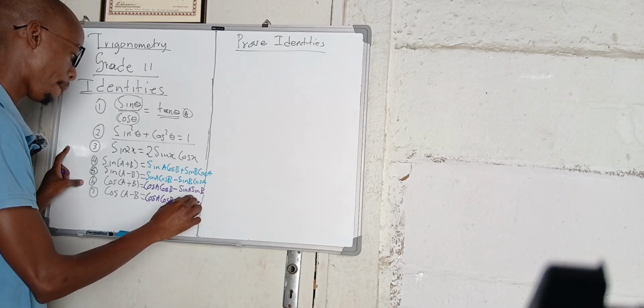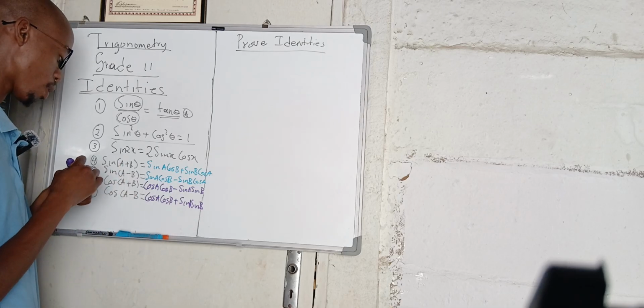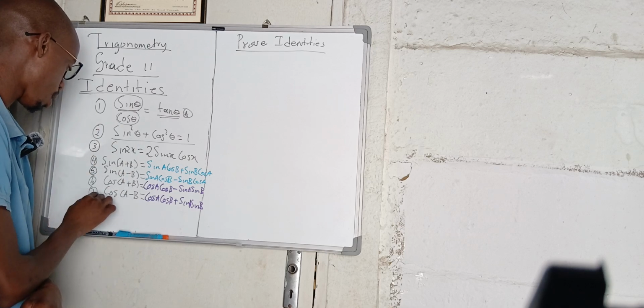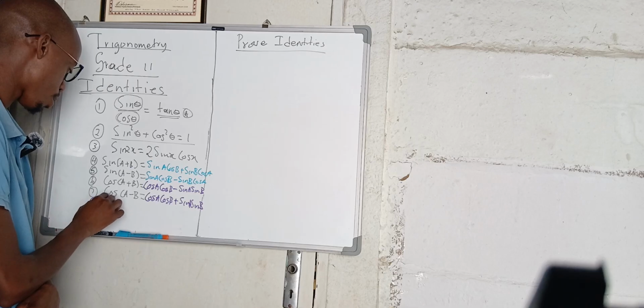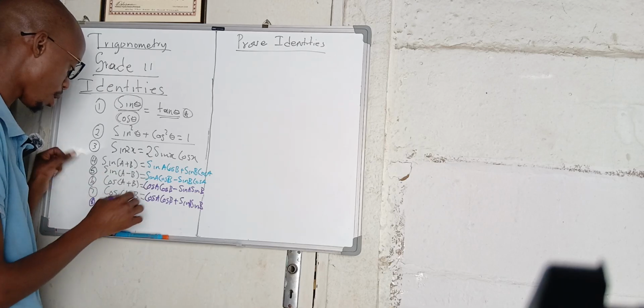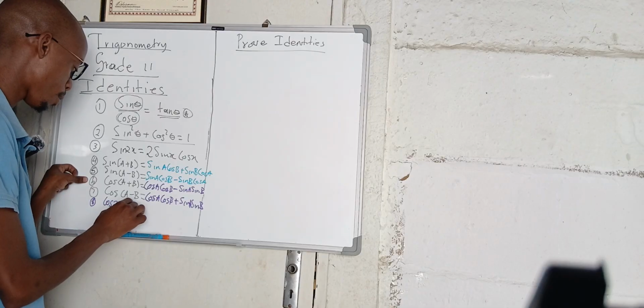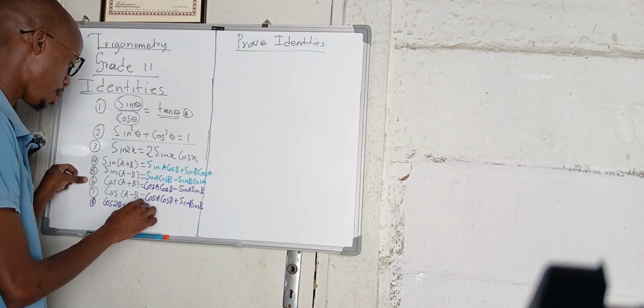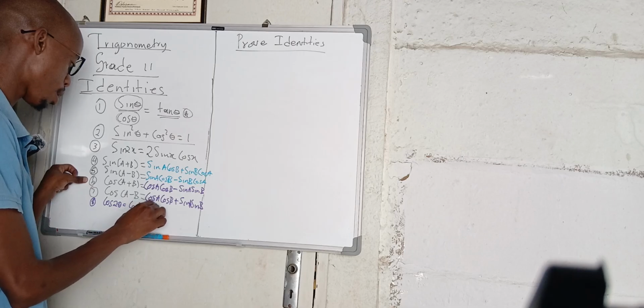We are not ending here, so we also have something like 8: cos 2 theta has 3 things. The first one is going to be cos squared theta minus sine squared theta.